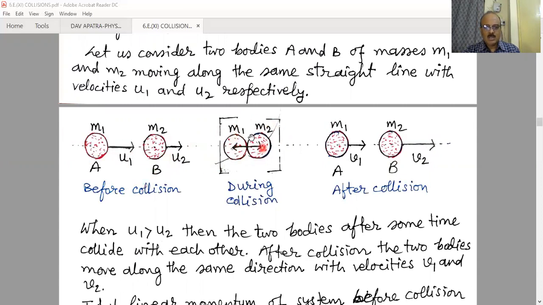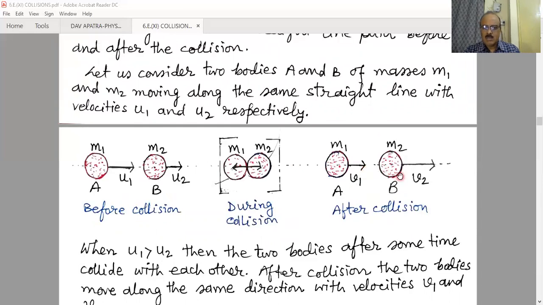Now the collision, an isolated event, takes place. After the collision, generally they get separated. Let us suppose V1 is the velocity of the first object, A, after the collision, and V2 is the velocity of the second object, B, after the collision. Generally V2 is greater than V1, and therefore V2 minus V1 is the relative velocity of separation.